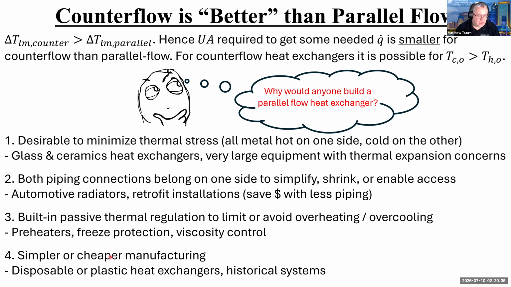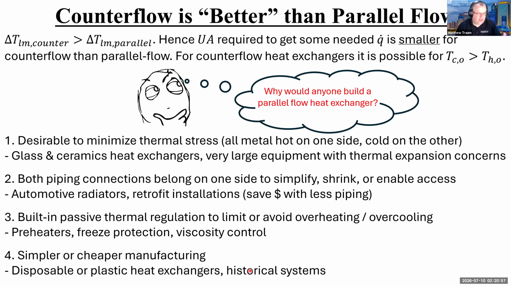And then finally, it's oftentimes just cheaper and simpler to manufacture a heat exchanger that has all of its ports on one side. So you see a lot of disposable and plastic heat exchangers where the inlet and the outlet are on the same side. This is also true of historical systems, like locomotive boilers and heat exchangers made in the 1850s, 1860s.